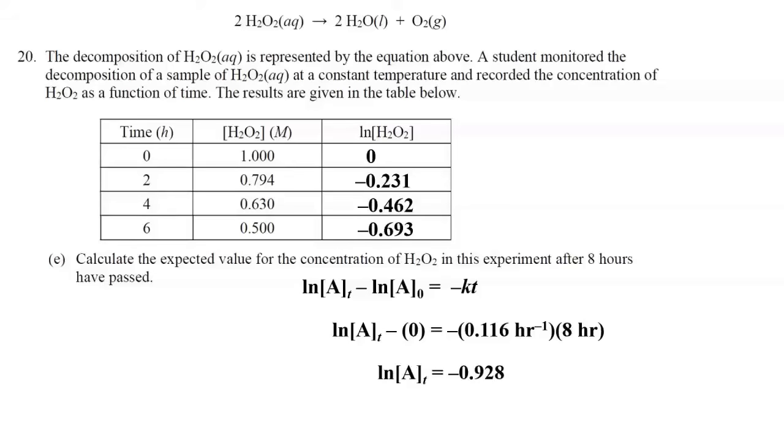If the natural log of the concentration at 8 hours is equal to negative 0.928, the opposite of that would be e to the x. So e raised to the negative 0.928 gives us our answer. And that works out to be 0.395 moles per liter. So that is the answer to part E.